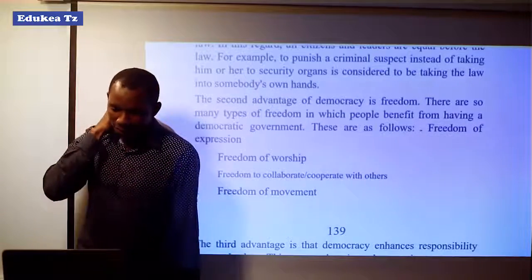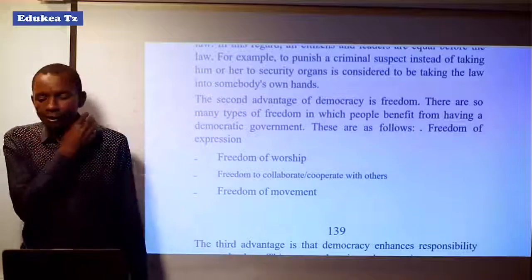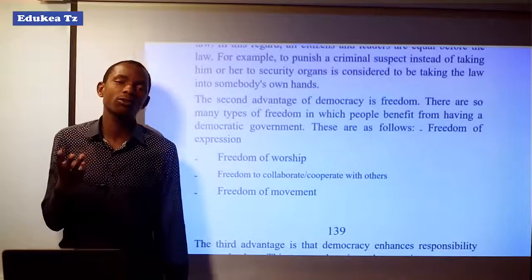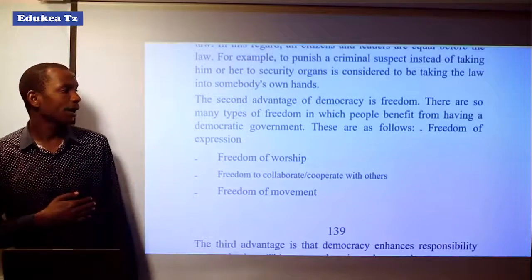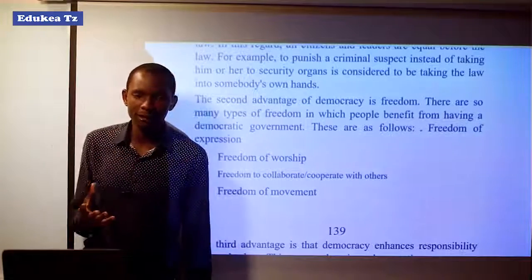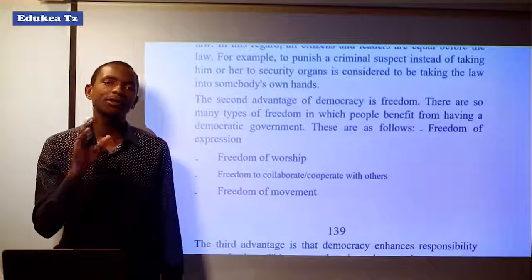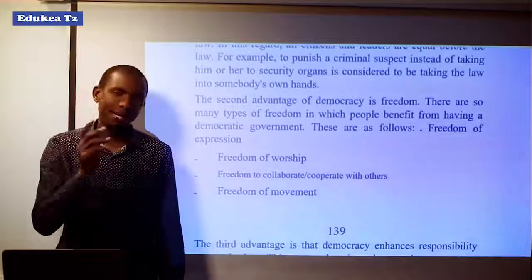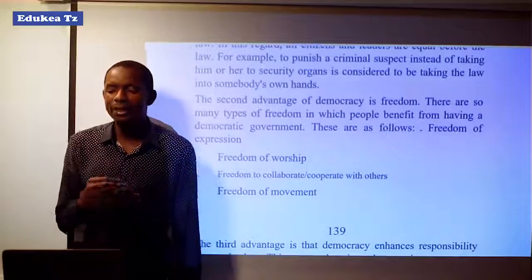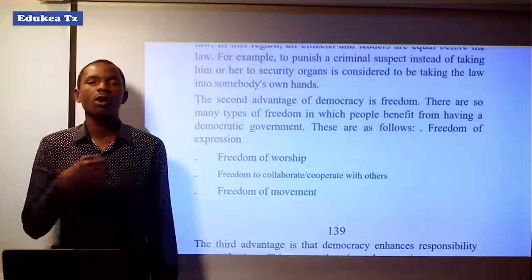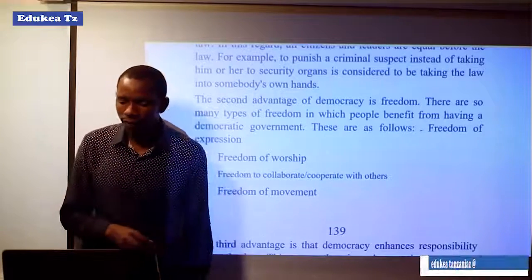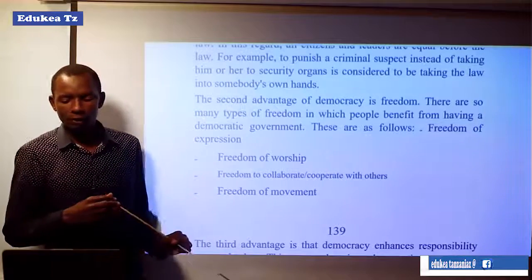Also, the second advantage is freedom. The first significance of a democratic government is that it considers human rights. The second is that democracy also considers the issue of freedom. What is freedom?